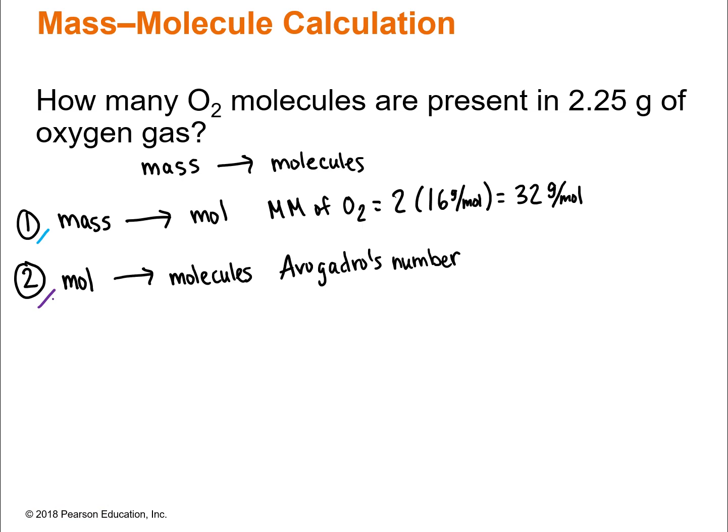So I'll stick with kind of the same color scheme in terms of which one comes first. So the first unit factor is always going to be that blue color, and the second one is going to be purple. We're starting with 2.25 grams of oxygen gas. We're converting that to moles.